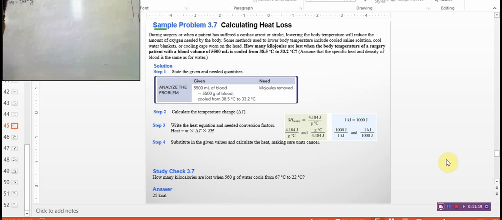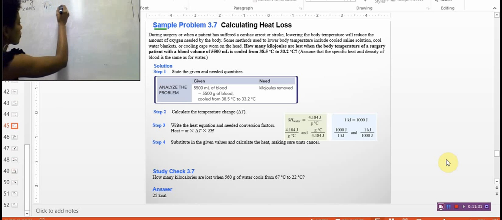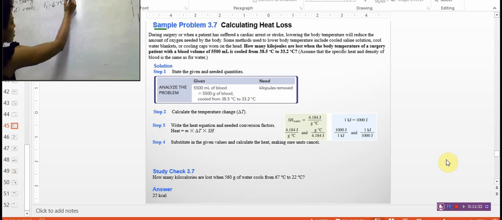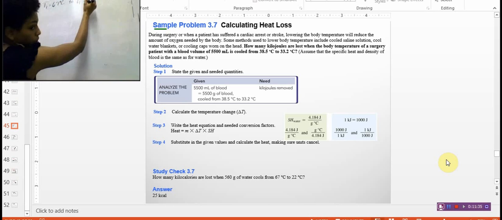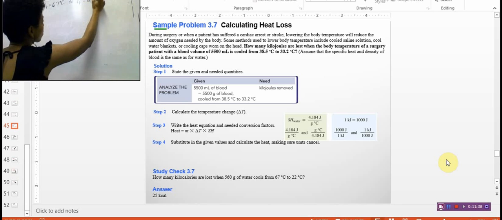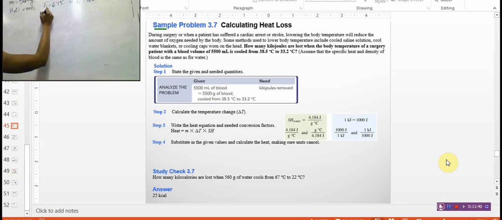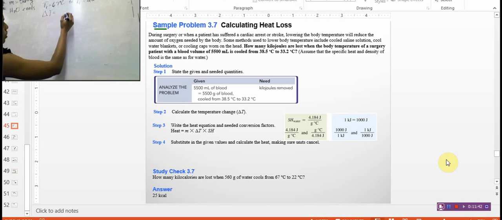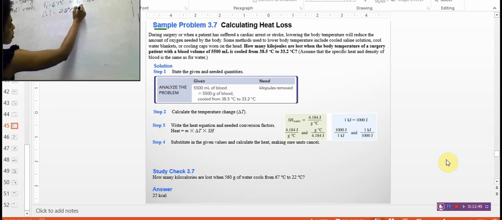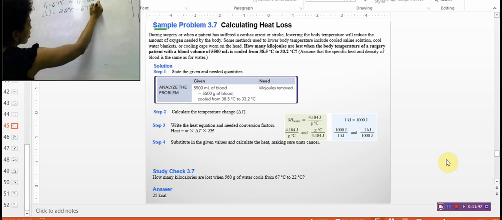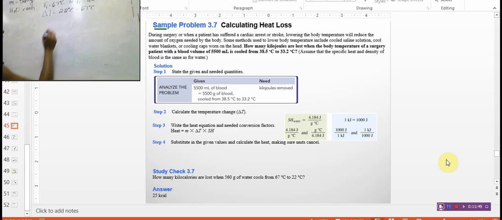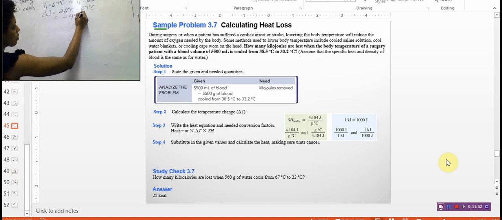And the question says that the water is going to cool, from T initial of 67 degrees Celsius to T final of 22 degrees Celsius. So our delta T is going to be 22 degrees Celsius minus 67 degrees Celsius. Remember, it's always T final minus T initial. We have a negative 45 degrees Celsius.